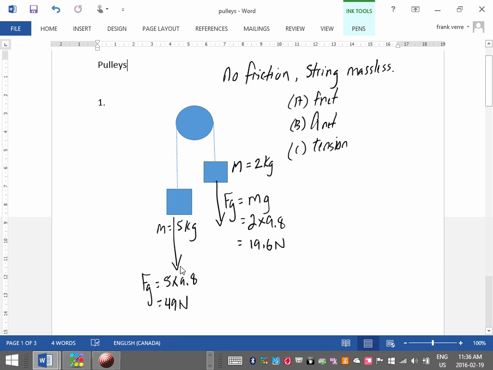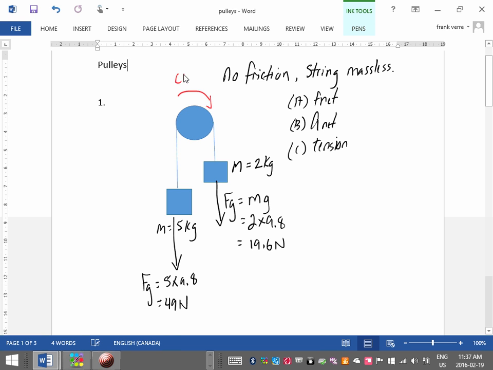Now, let's think about this for a second. They're both pulling down, and I know that in physics we have signs to indicate down is one thing and up is something else. But here we don't really want to think about going down or up. We want to think about the rotation of the pulley. If this mass were heavier, it would pull the pulley this way, and we'll call that clockwise, right?